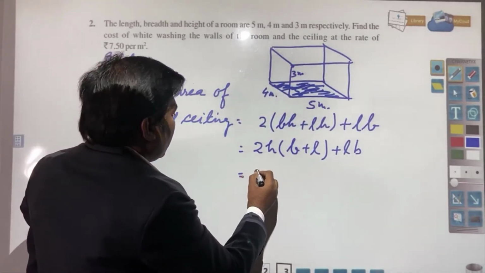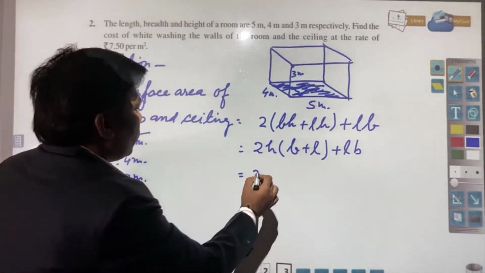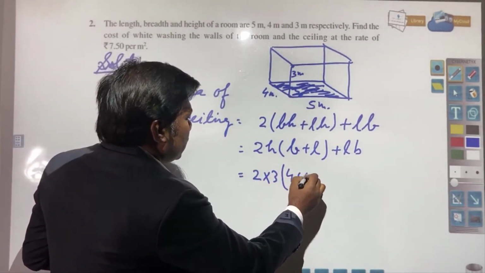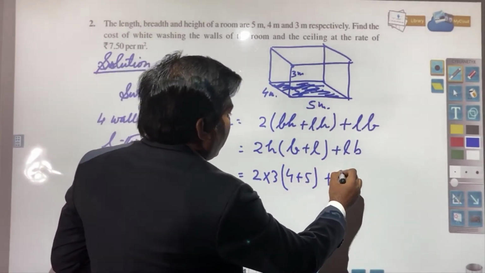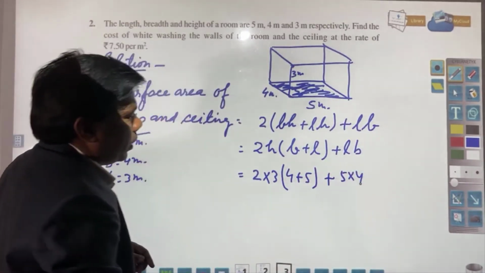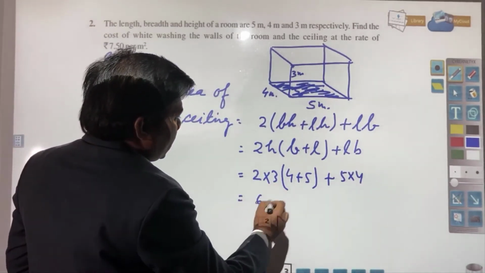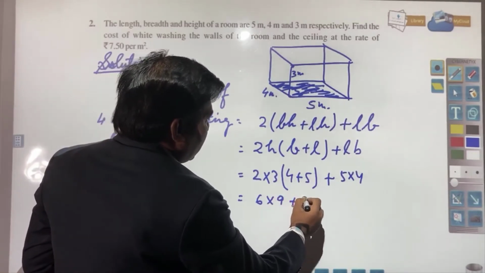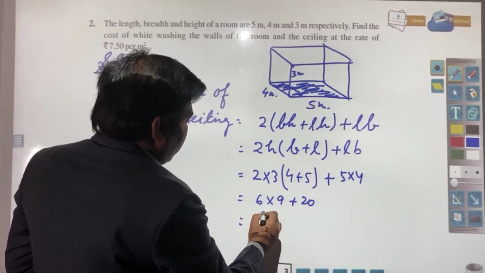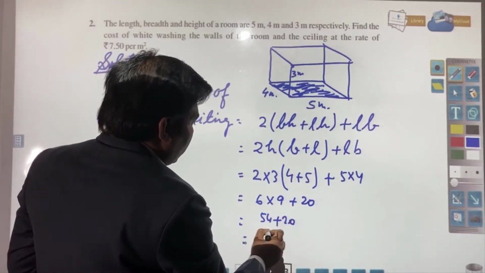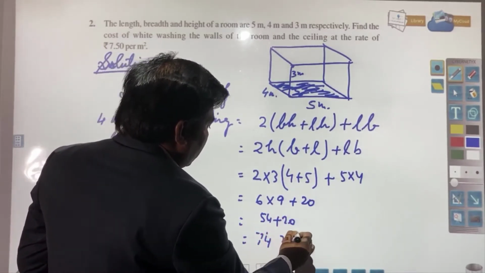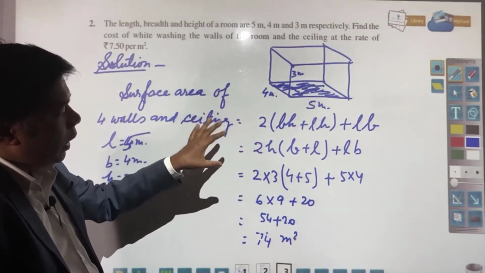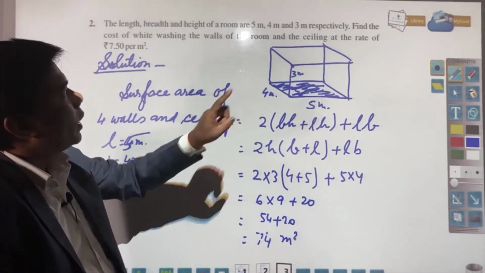So this will be 2 into H is equal to 3, and B is equal to 4 plus 5, plus 5 into 4, L into B. Now this will be 2 3 is 6, 4 plus 5 is 9, and plus 20. It means 54 plus 20, and this will be 74 meter square. 74 meter square you have got as the surface area which is required to be whitewashed.